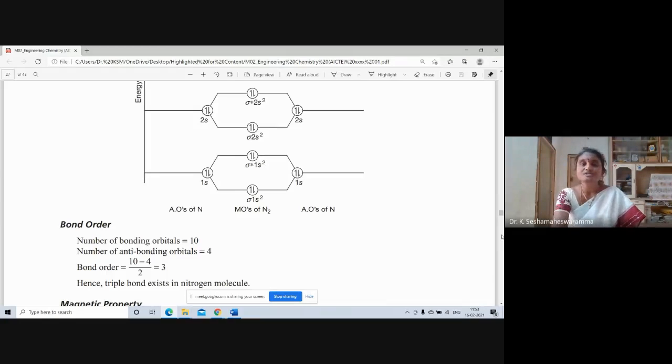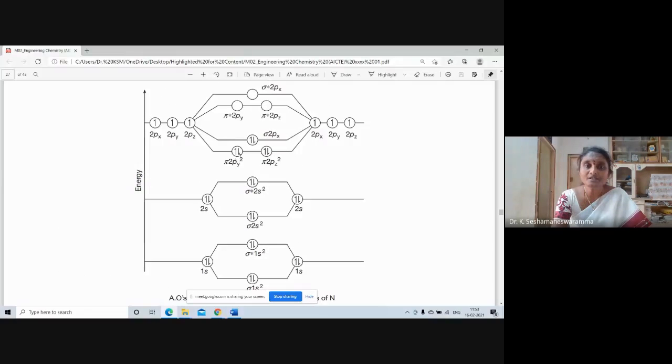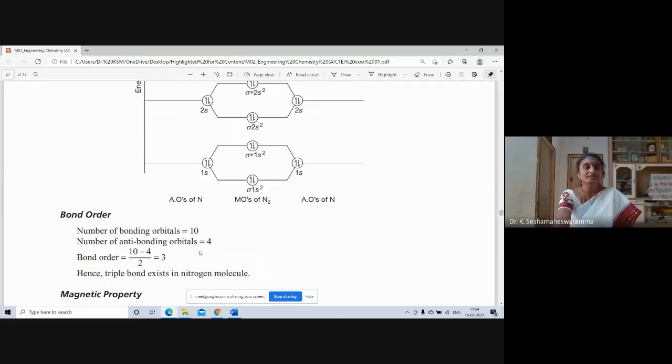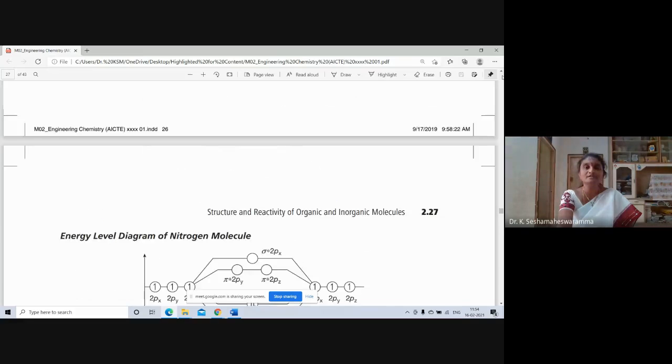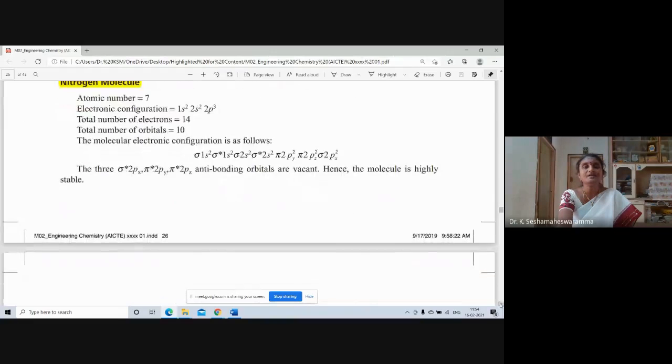The bonding electrons total 10, and there are only 4 anti-bonding electrons in the nitrogen molecule.